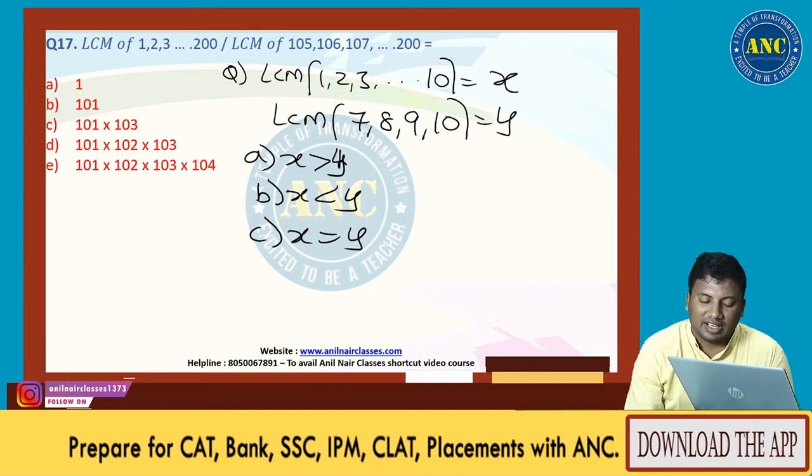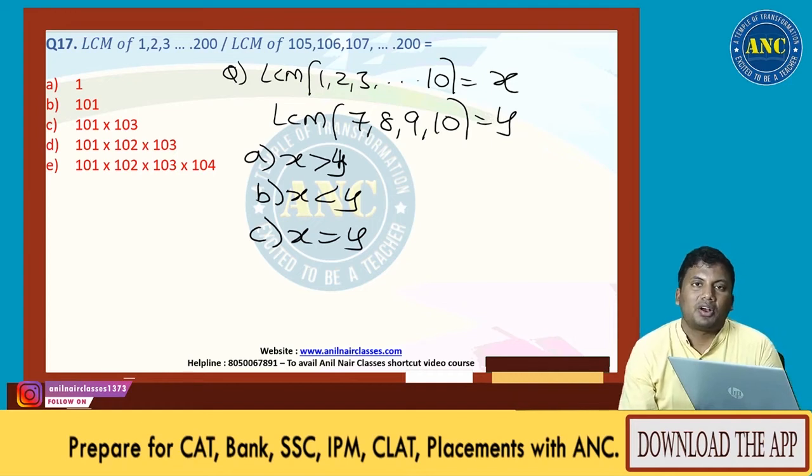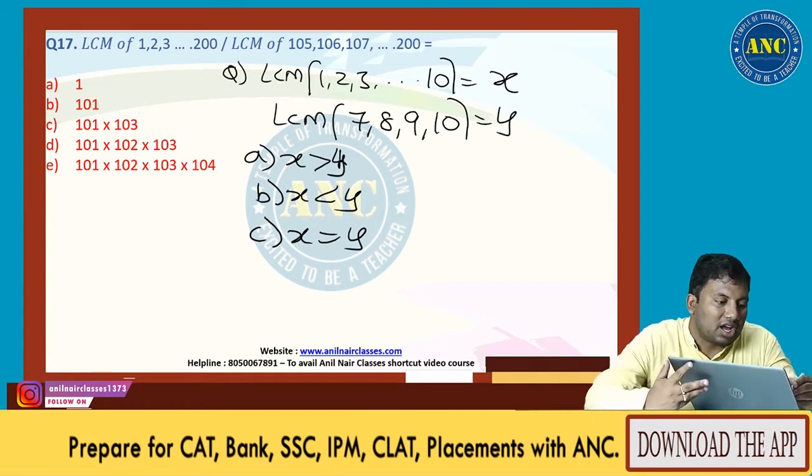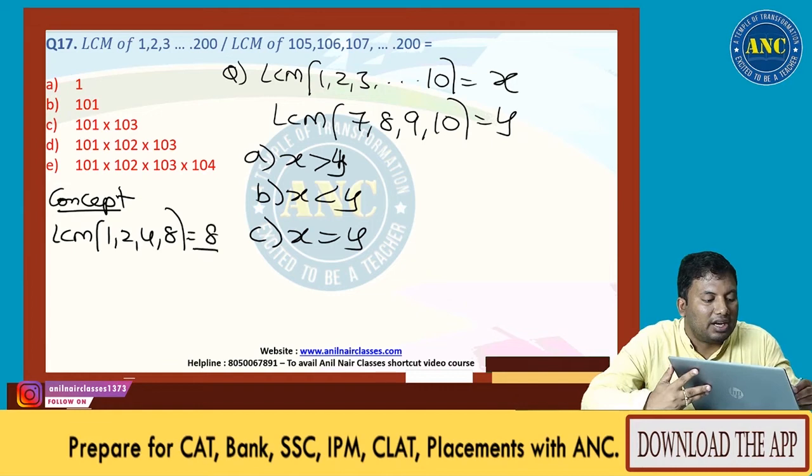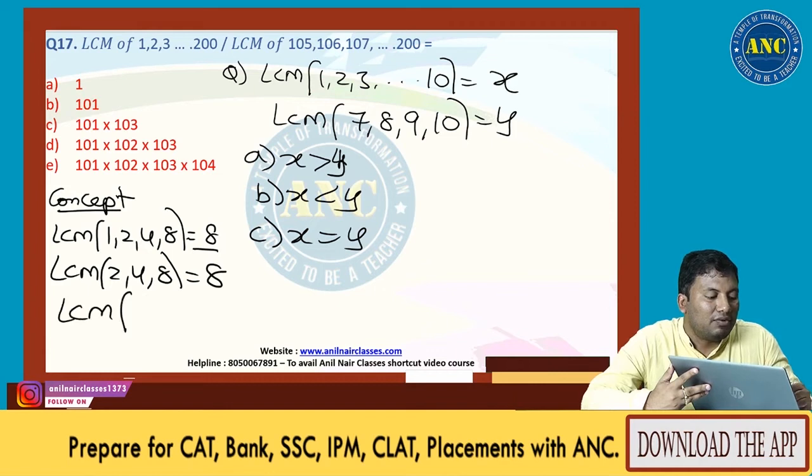You might think that because there are more numbers, the LCM of 1 to 10 might be more. No, it is not like this. Concept: LCM of 1, 2, 4, 8 is 8, the highest power. LCM of 2, 4, 8, again it is 8. LCM of 4, 8, again it is 8.